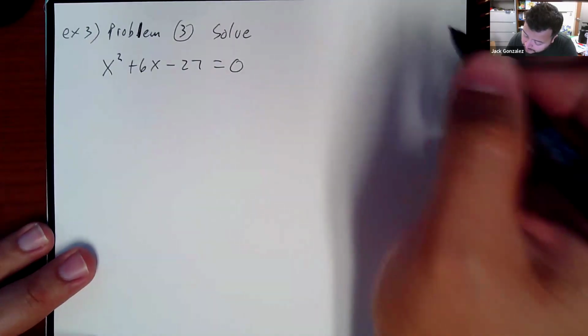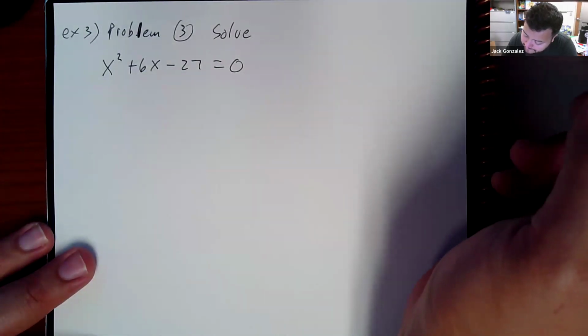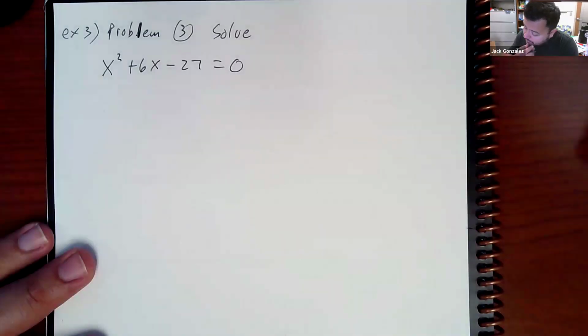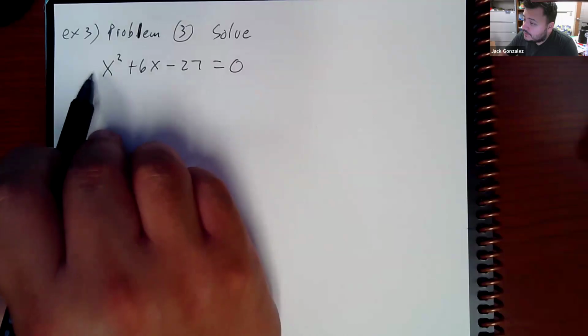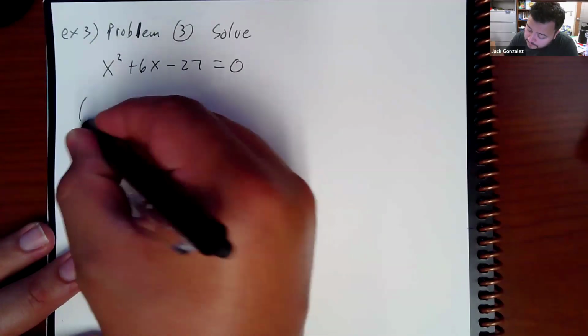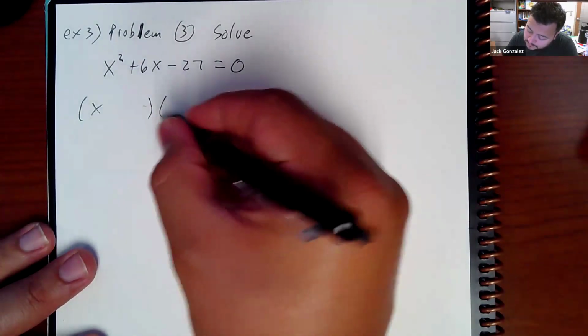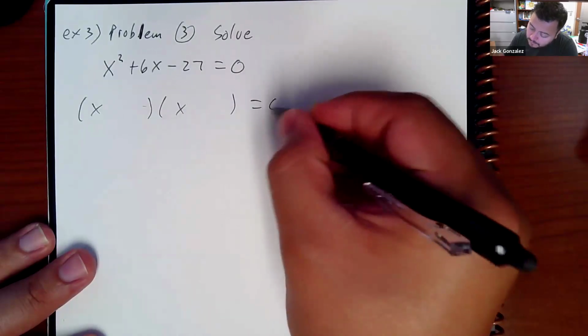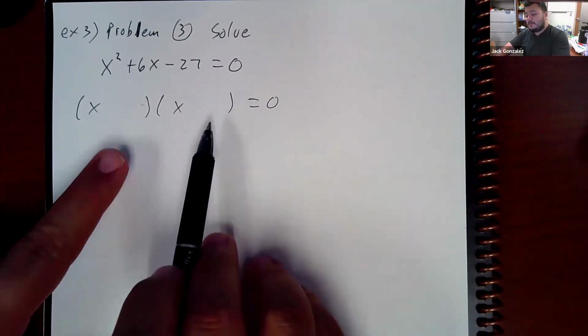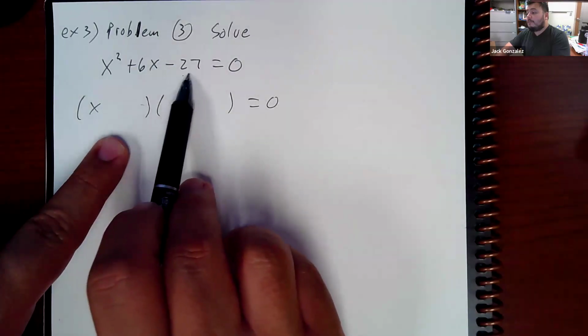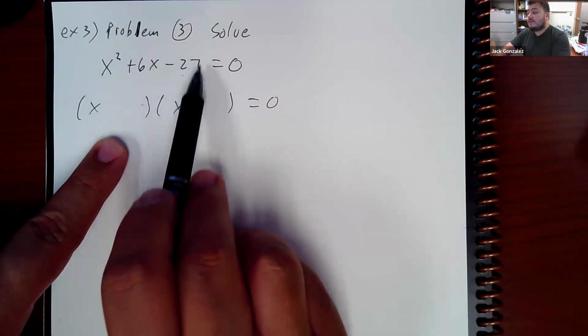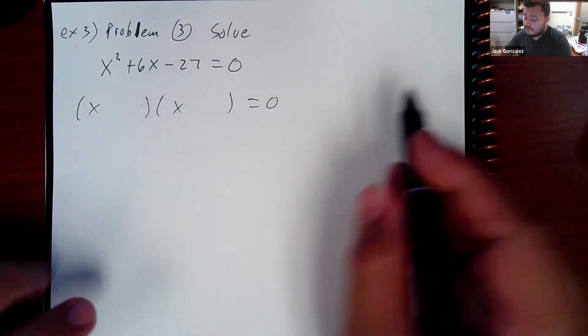Sorry, just thinking. So you can do trial and error here because there's no number in front of the x squared. So I recommend just go straight up and then figure out what are the numbers. What are the factors of -27 that add up to 6?